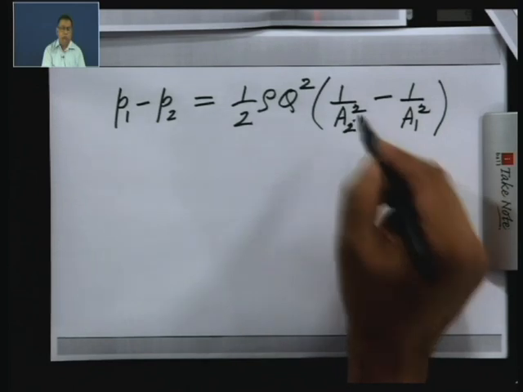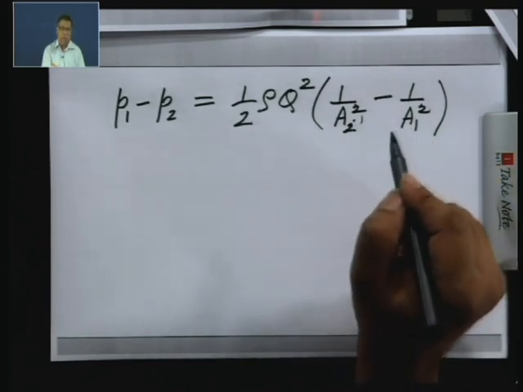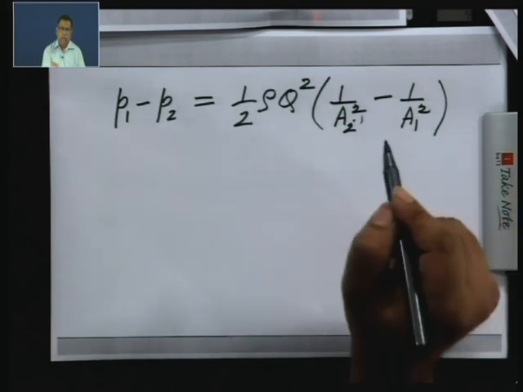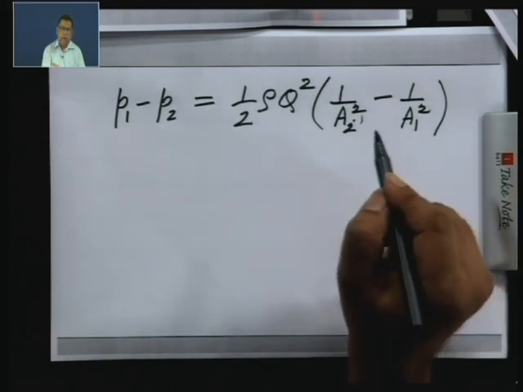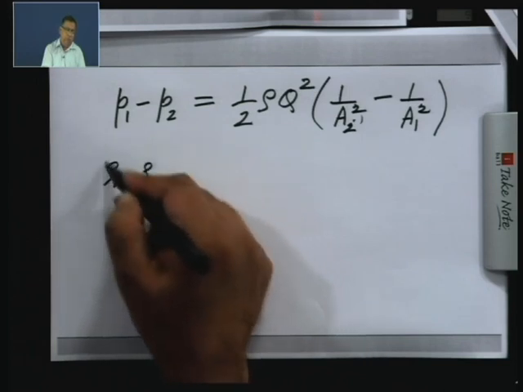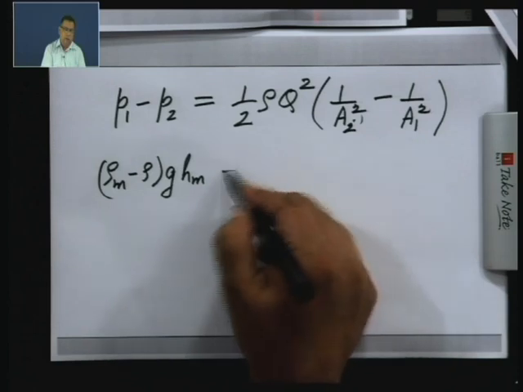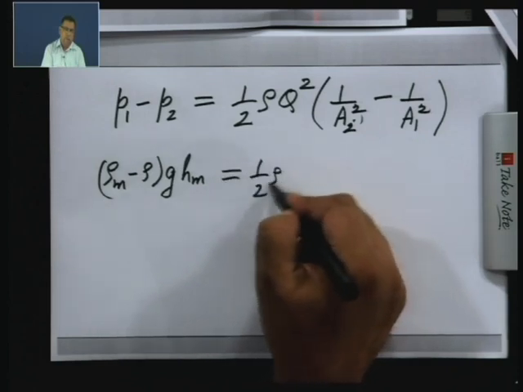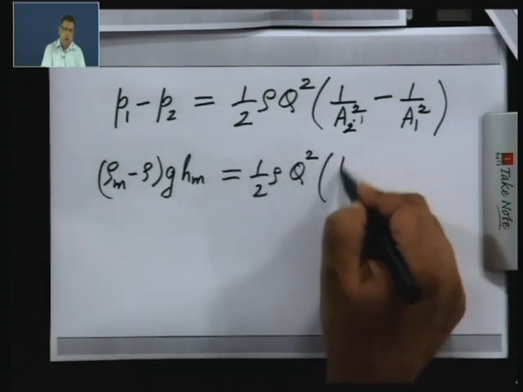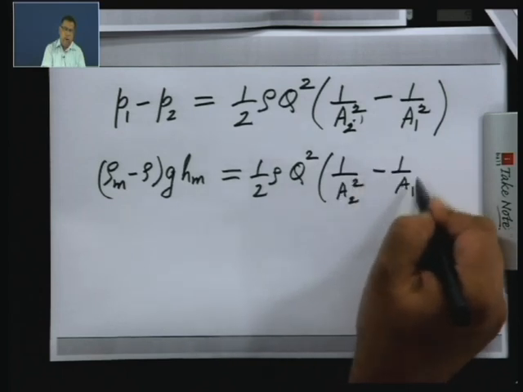You can call it the throat area, and this A 1 is the area of the duct through which the fluid is flowing. Now, P 1 minus P 2 we have shown is rho m minus rho g H m. So, this is equal to half rho q squared into 1 by A 2 squared minus 1 by A 1 squared.